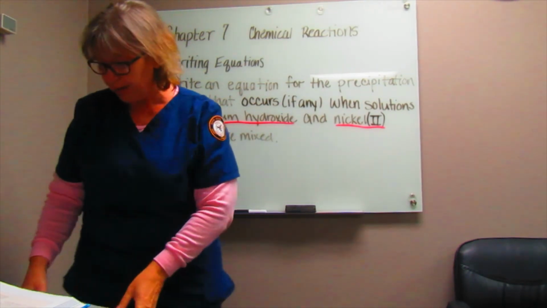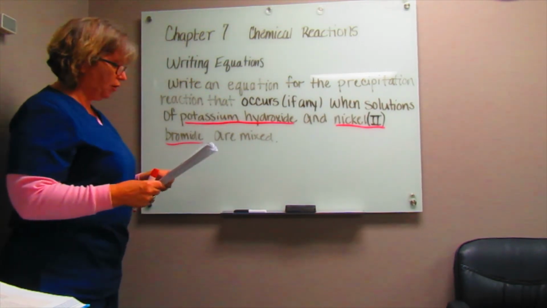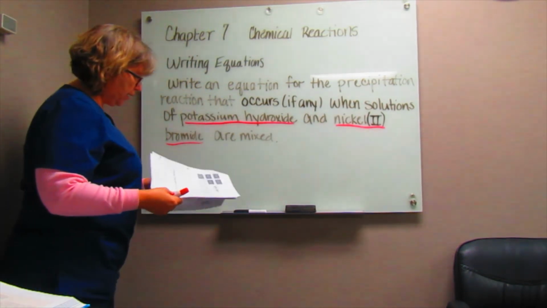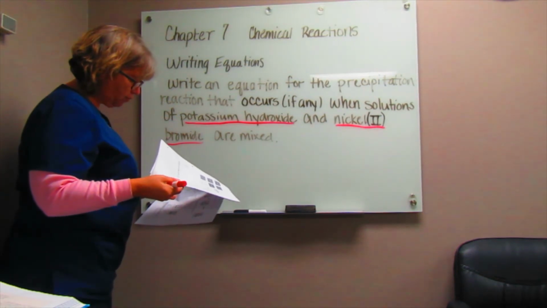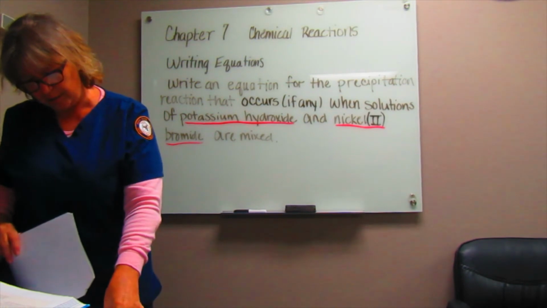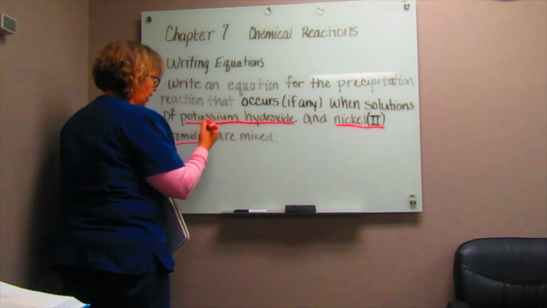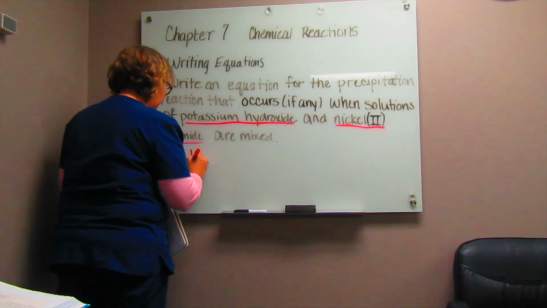And so when these two substances come together, my equation is going to look like this. So I have my potassium hydroxide.